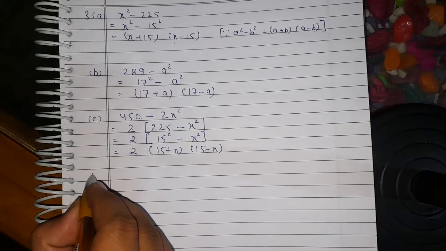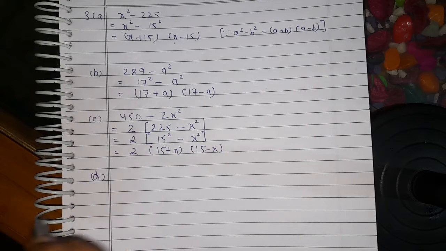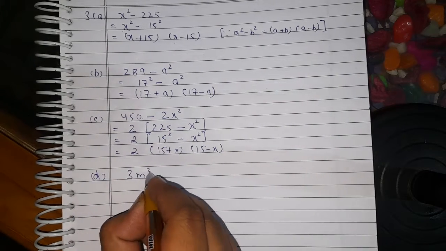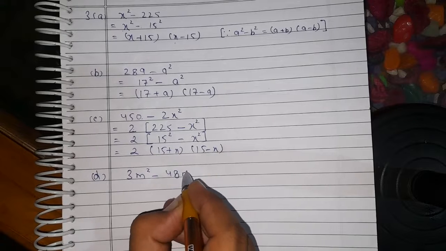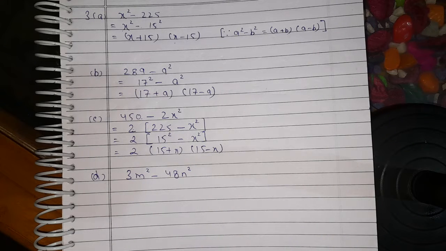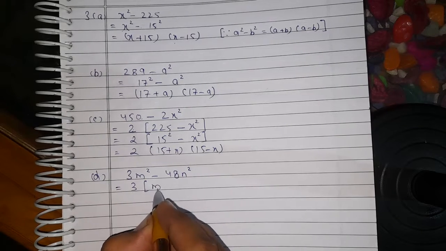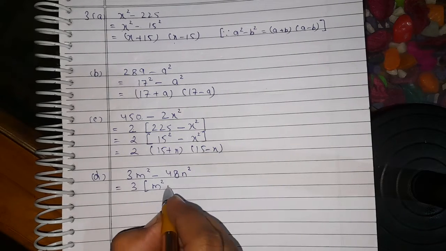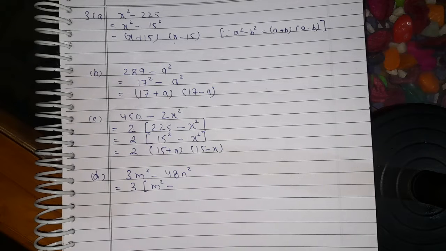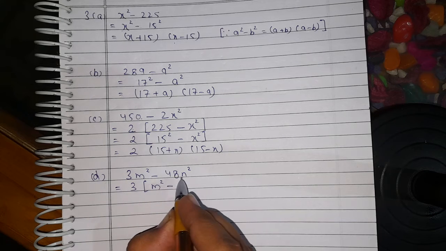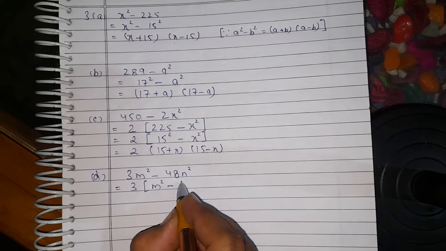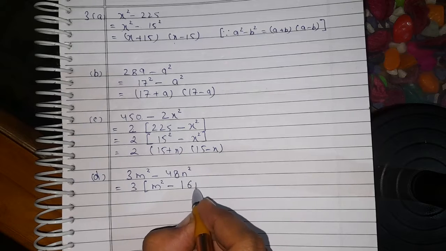D part. D part is 3m square minus 48n square. 48 is not the square of any number, so I can take common 3. Here in the first term only m square is left, and from 48 I am taking common 3, so in the bracket in the second term the left term is 3 16s are 48, 16 n square.